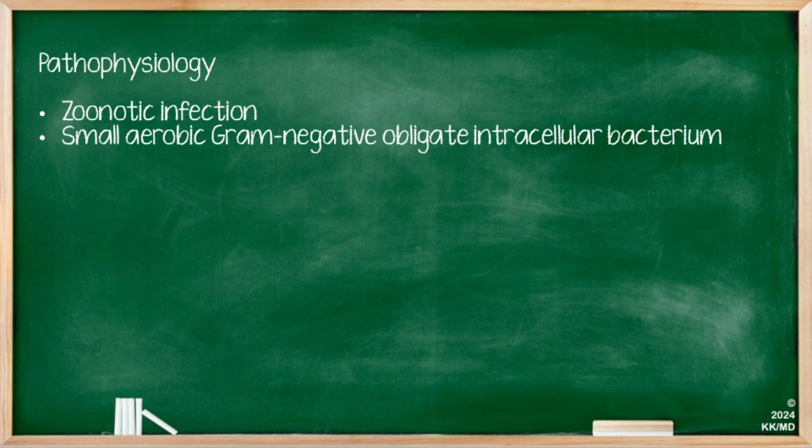The clinical manifestation of this is commonly fever, headache, and rash. There are many associated cases that are commonly found with an eschar, which is basically the specific type of rash that you get at the site of the bite, and very frequently is also associated with regional lymphadenopathy.